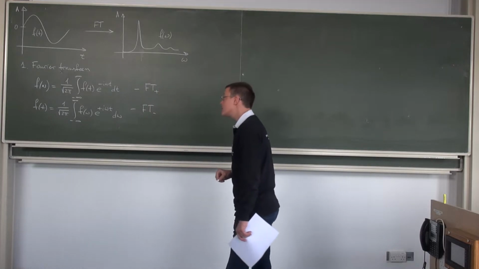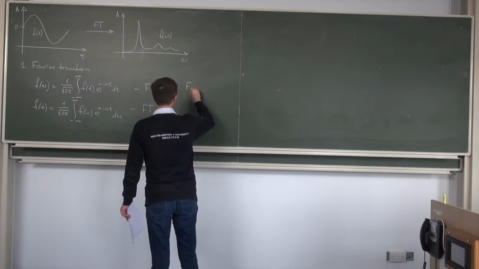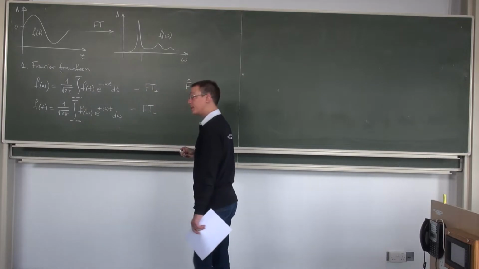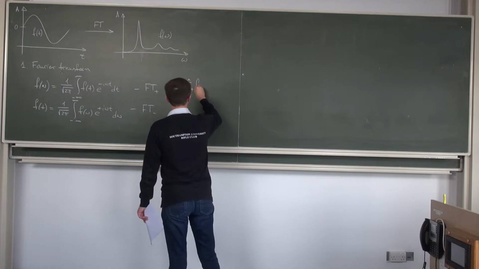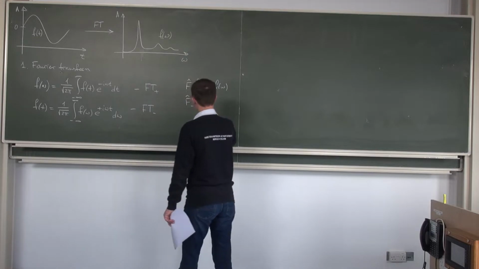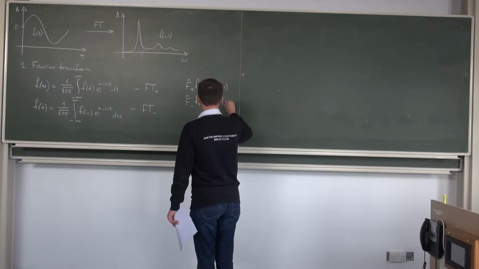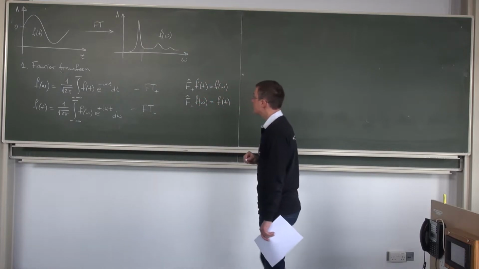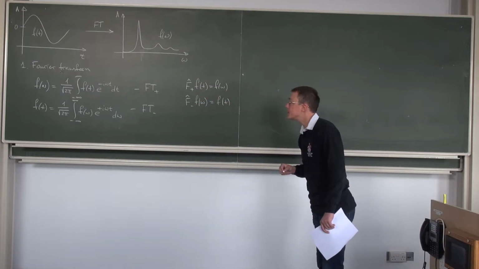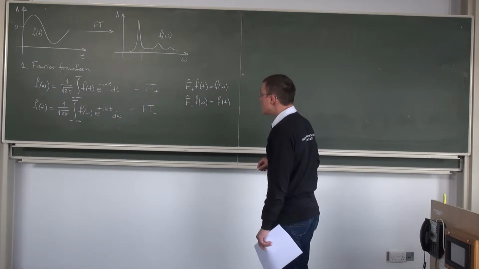Occasionally, operator notation is used as well, so you can say F plus, with a little hat that signifies an operator, applied to f of t equals f of omega, and then F minus, likewise an operator acting on f of omega, returns us f of t. So this is the formal definition of a Fourier transform.